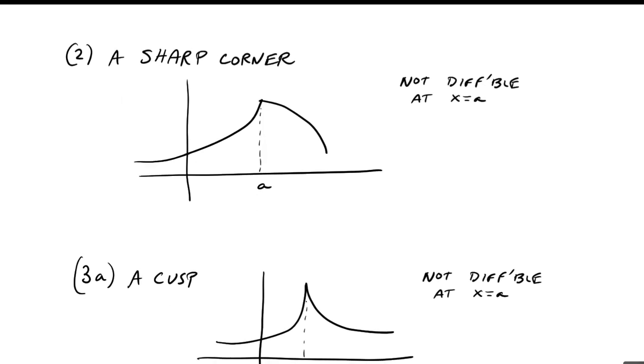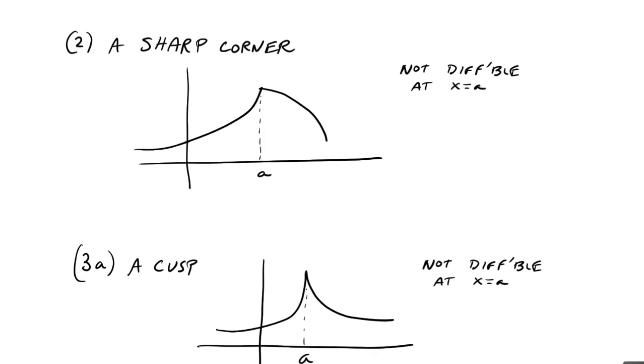Okay, the example we looked at before was an example of a sharp corner, which is not differentiable. Okay, so again, we have these derivative values that have to suddenly change at this point right here. So they both come out to be nice slopes. They're perfectly fine slopes, just they don't match.